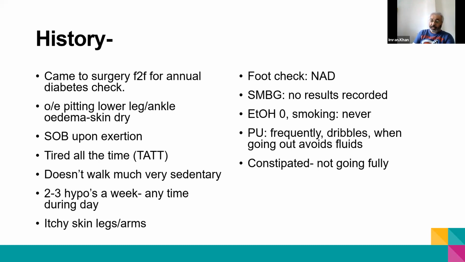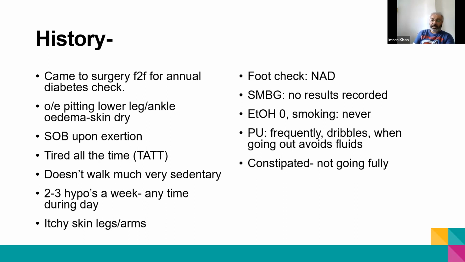She passes urine frequently. It does dribble. When it comes, it dribbles, and she's getting dribbles in between as well. What this means is if she is thinking of going out, she won't drink. She'll avoid fluids because she doesn't want to be caught short when she's out. She's got a little bit of constipation.